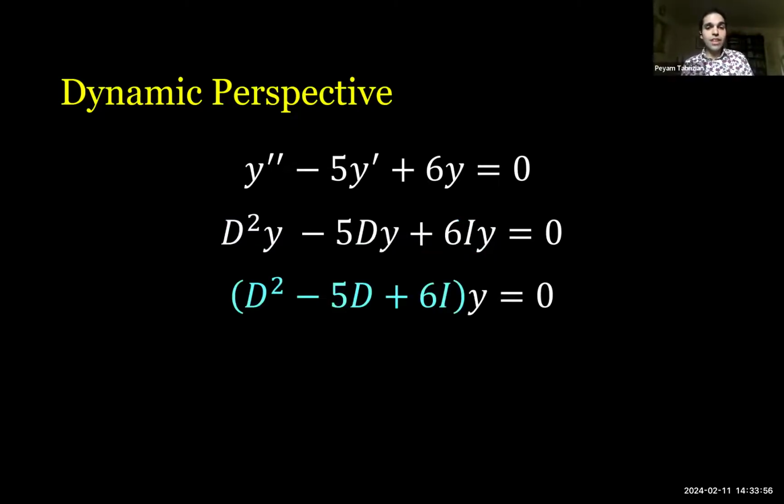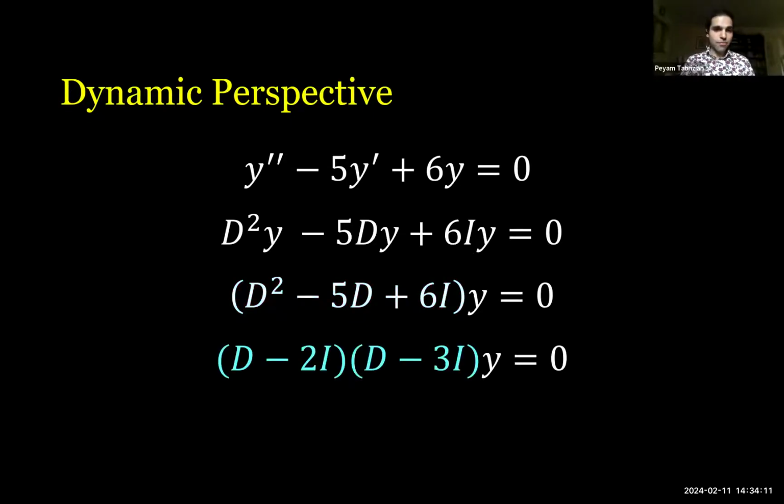So this is really the same thing as saying differentiate y twice, subtract 5 times the derivative of y, and do 6 times nothing. And this thing we can now factor out. If you factor this out, you get (D minus 2I) times (D minus 3I). And you can check using the definition that this is legit.